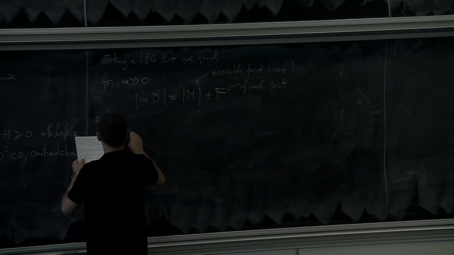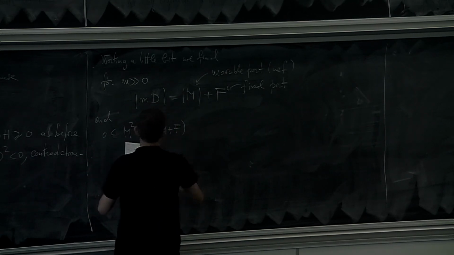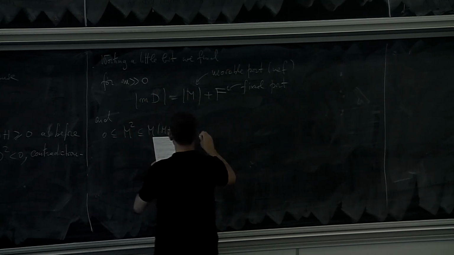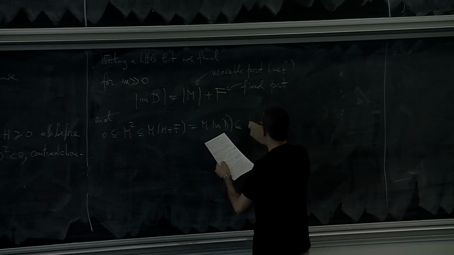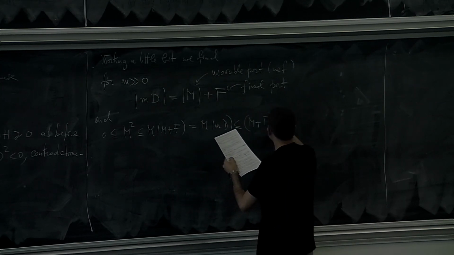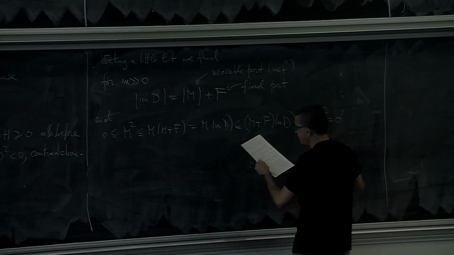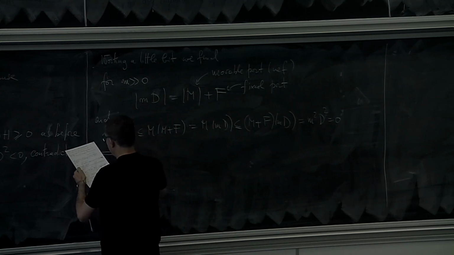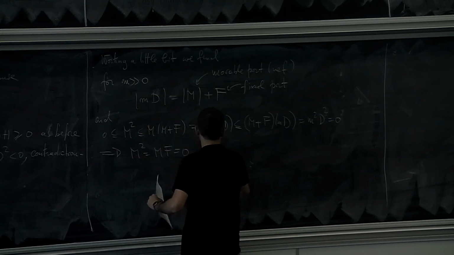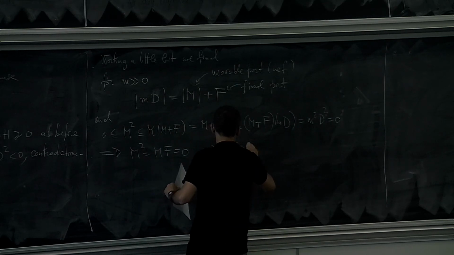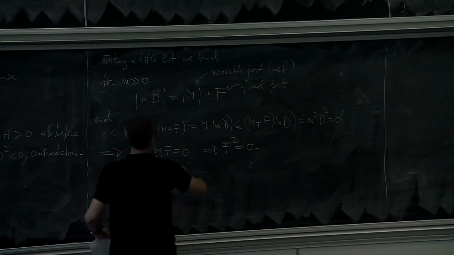By nefness, again, because everything is effective, M·mD is m squared D squared, and this is 0. So M·F equals 0, and so F squared equals 0.